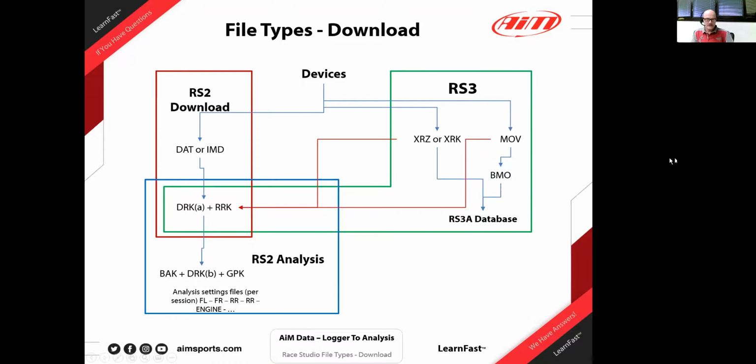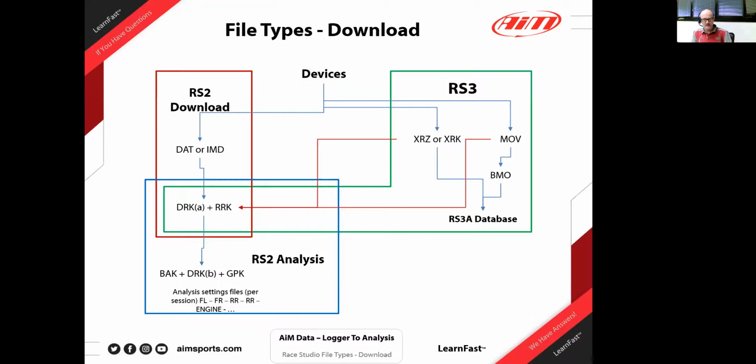If you share an XRZ and you open it into another PC, a new XRK will be created, and the data will be parsed perfectly to create a DRK or to be copied into the database. The same with an MOV file.